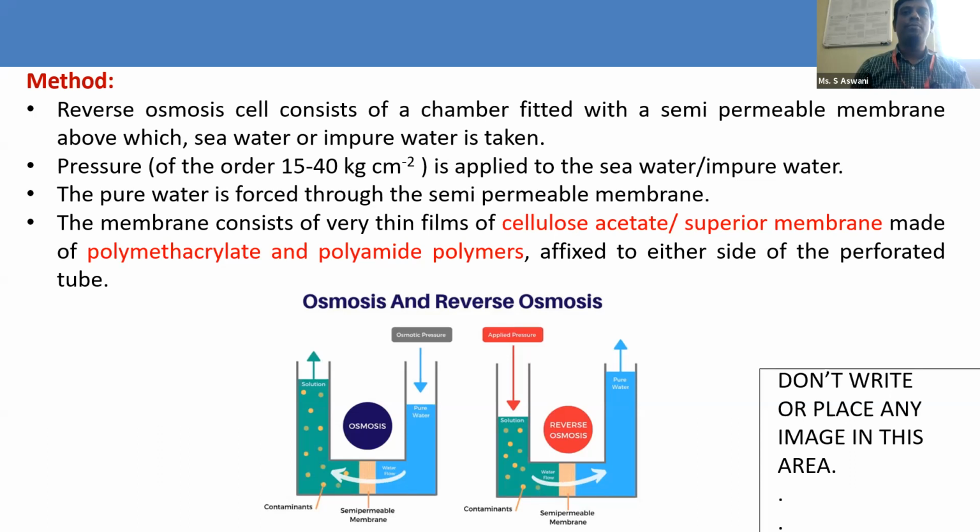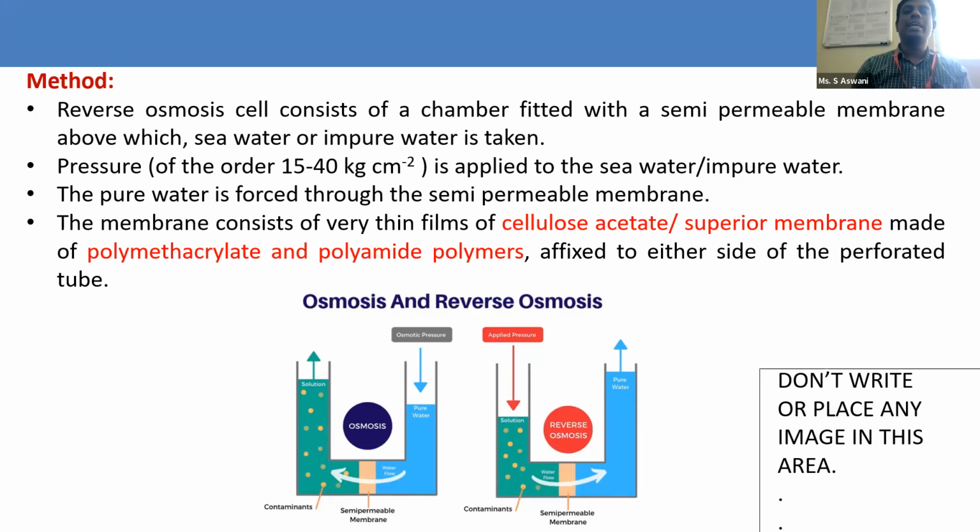So when we apply external pressure on the higher concentration side, what happens? The permeable membrane only allows some specific sizes of ions to move from higher concentration to lower concentration due to the external pressure.